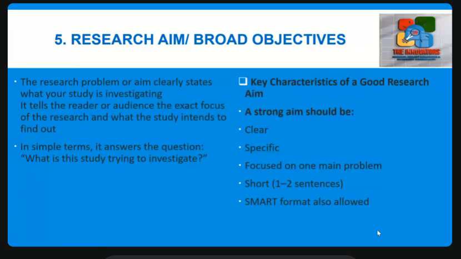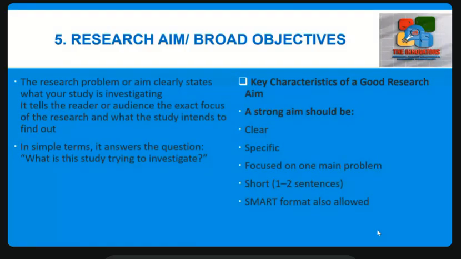The fifth part is the research aim or broad objective. The research aim or broad objective is a clear statement of what the study aims to investigate. It tells the reader the exact focus of the research and what the study intended to find out. In simple terms, it answers the question, what is the study trying to investigate?